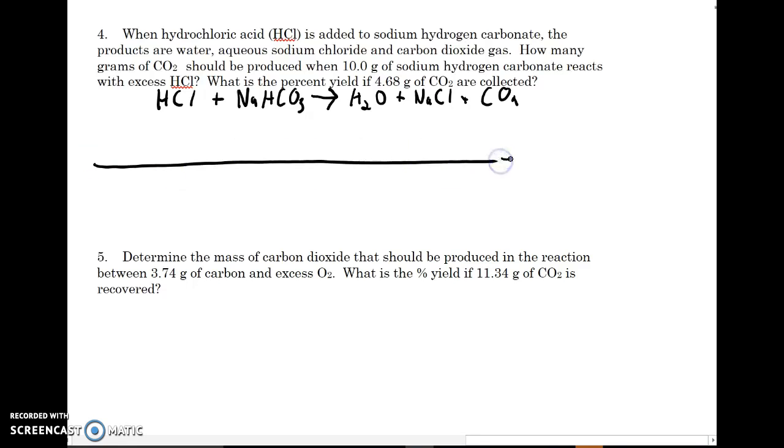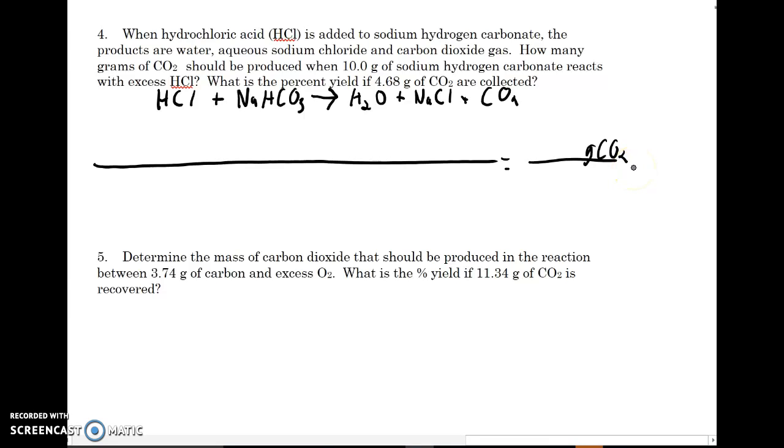So, dimensional analysis setup. This question is asking me for grams of CO2. The question here gives me, how many grams of carbon dioxide should be produced with 10 grams of sodium hydrogen carbonate, and I don't necessarily need that statement. If this is asking me for the percent yield of 4.68 grams of carbon dioxide, I should know that I need to get a theoretical yield for grams of carbon dioxide.